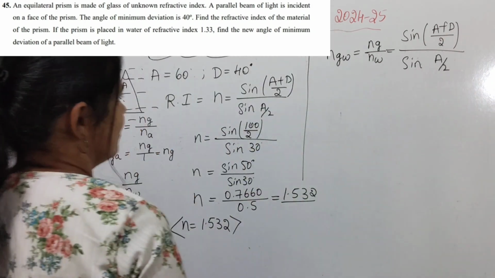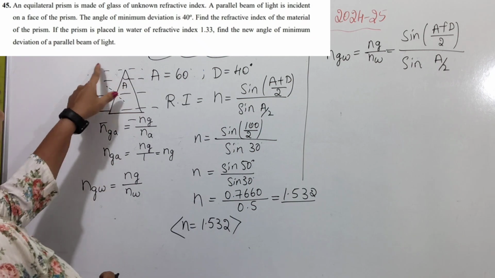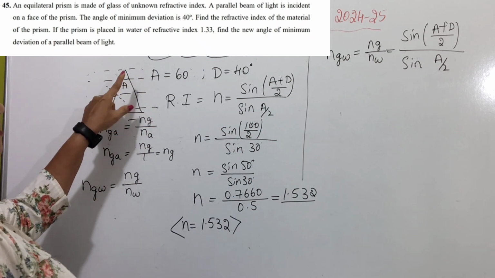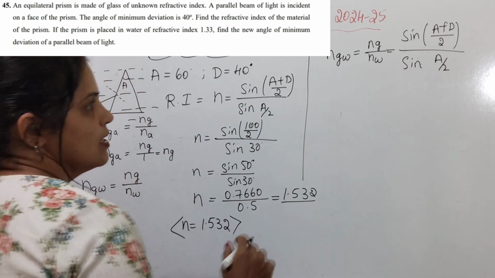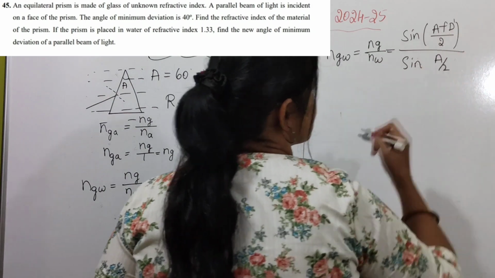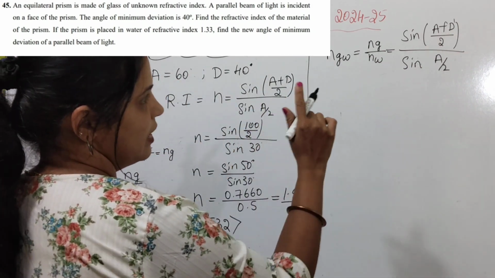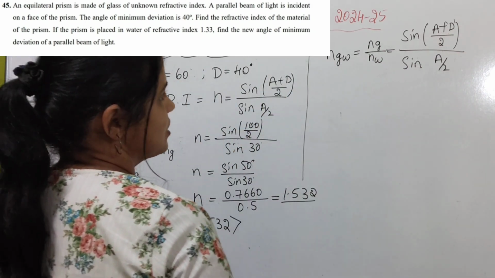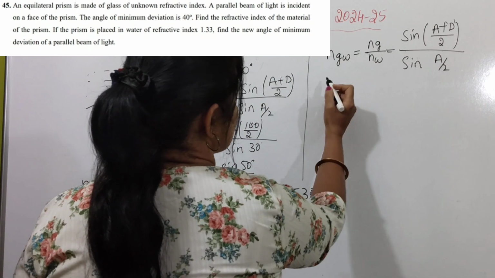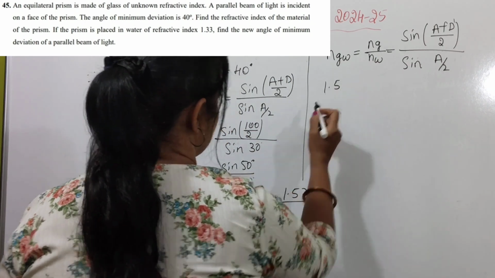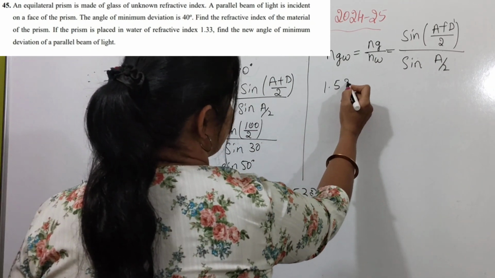But here it is given that when you replace this air by water medium, then minimum deviation changes. So let us write it as d dash. Therefore here let us write Ng is 1.532, just we calculated.